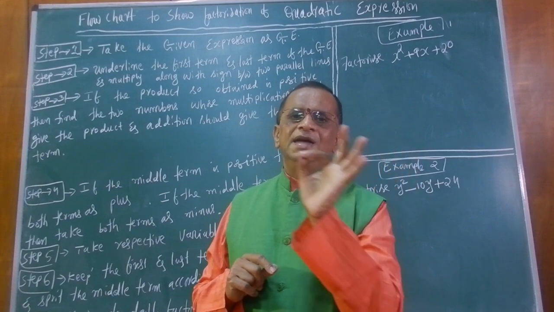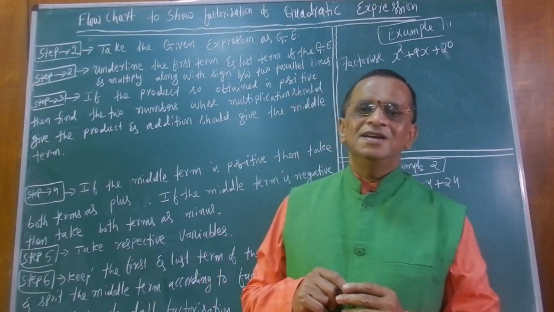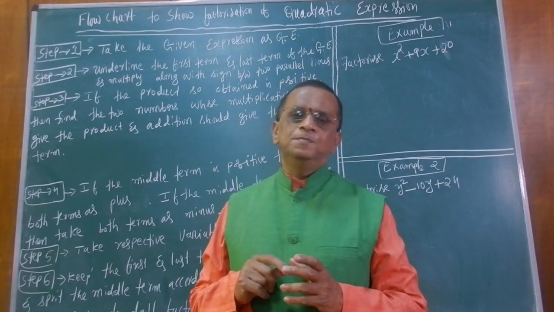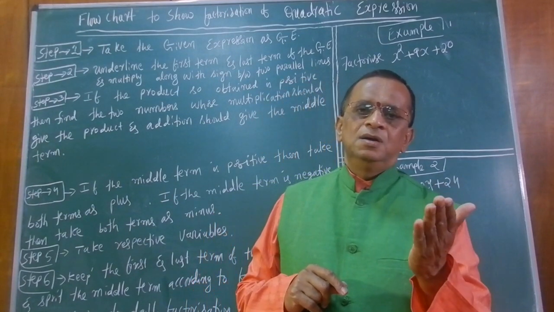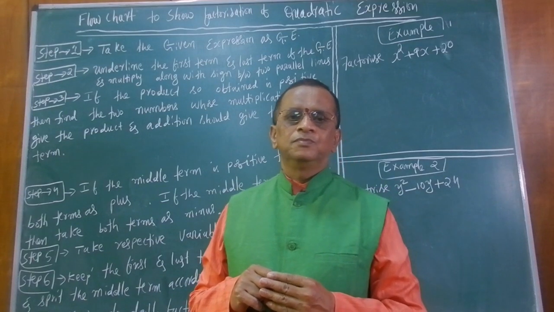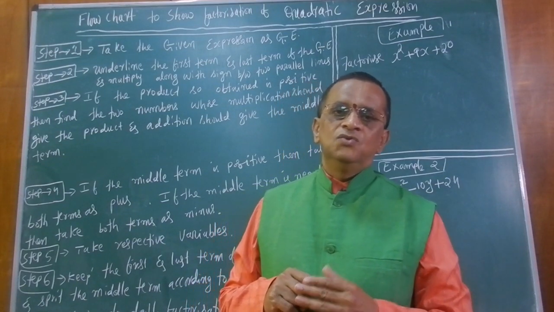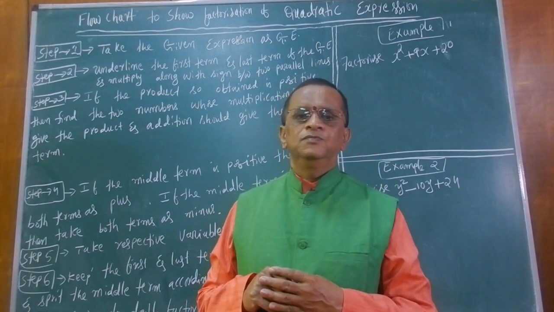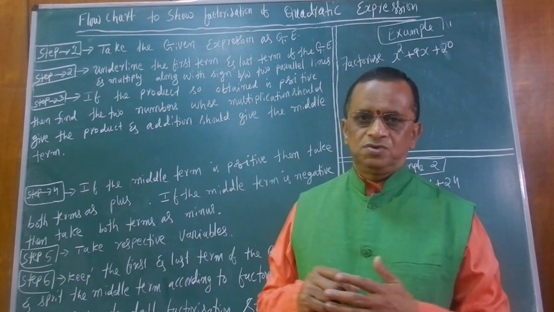Here a, b and c are real constants and x is the variable. For example, 2x square plus 3x plus 5, or else 4y square minus 7y plus 8, and so on and so forth.